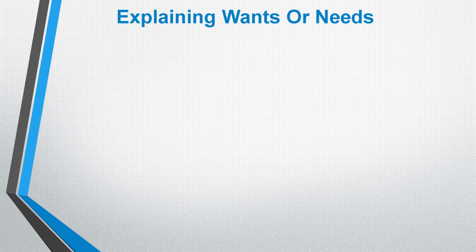This time we have language you could use when explaining your wants or needs. We've got formal and informal versions of the same sentence, so you can see the difference in language choice. The first one reads, I would like to cancel the appointment due to the fact that we have already completed the project. I want to cancel the appointment because we have already finished the job.